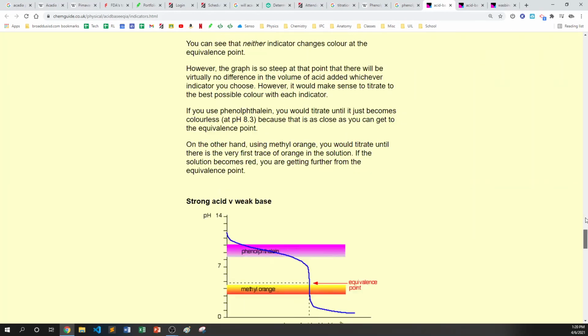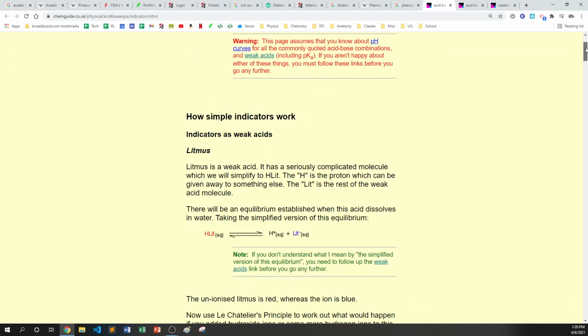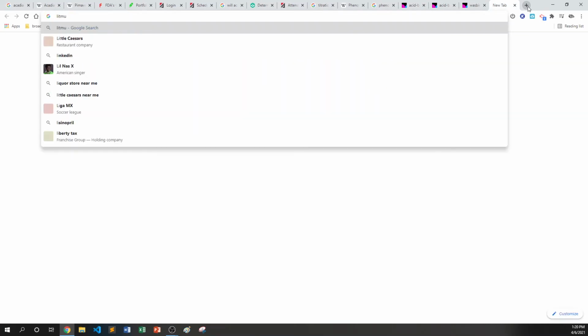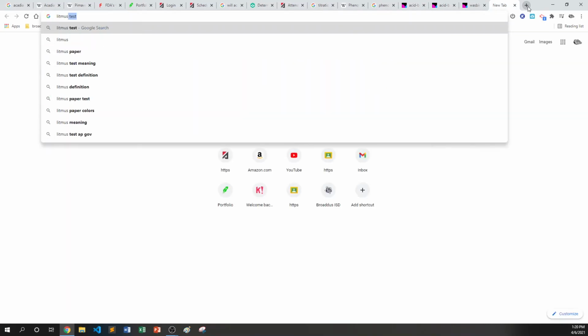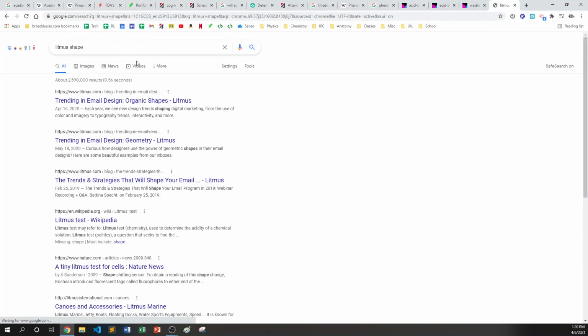Have you ever heard of litmus paper? Have you ever put chlorine in a pool? And you have little things you go measure. Yes, that's litmus paper.